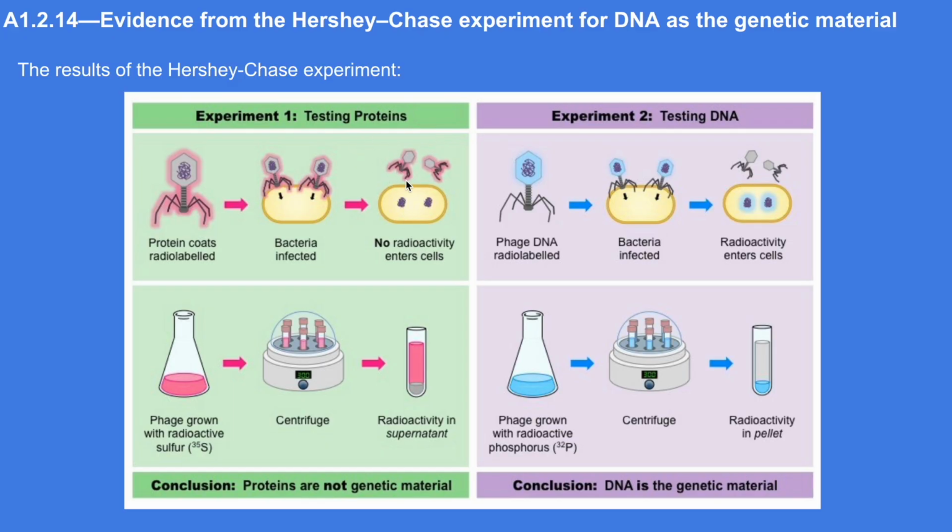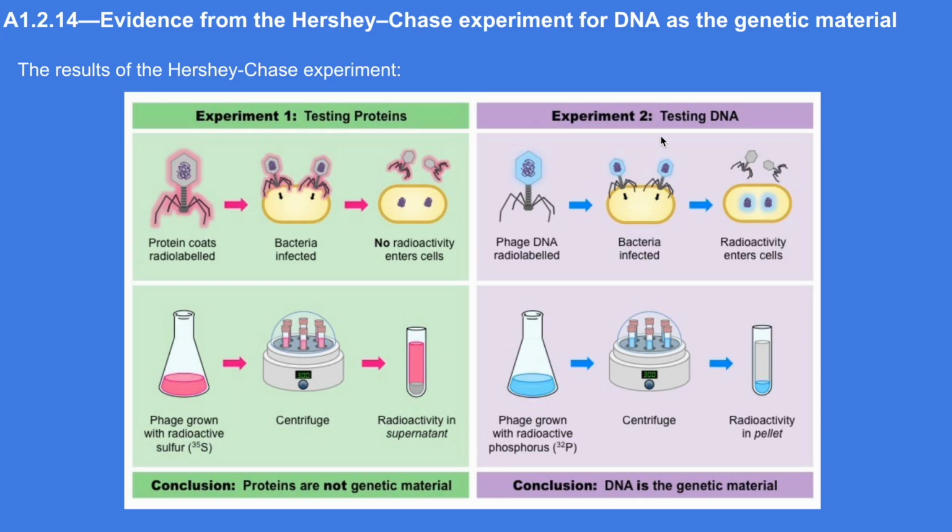Once they blended all those viruses off and centrifuged them to separate them, they were able to measure radioactivity in the supernatant, where all those viruses were, because the proteins had not been injected into the bacteria. The conclusion was that proteins are not the genetic material.